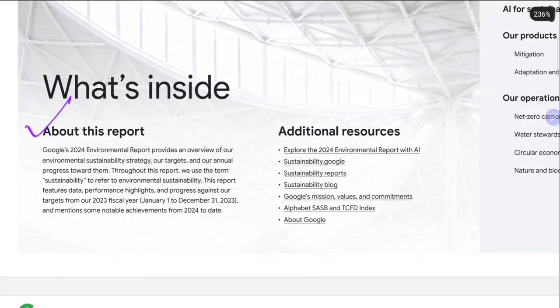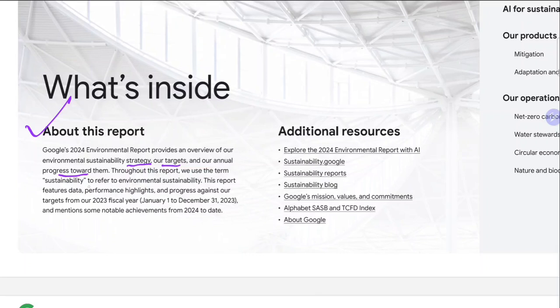This is a very important section, and it talks about the environmental report, which provides an overview of our environmental sustainability strategy. So definitely the company has an environmental sustainability strategy, their targets and annual progress towards the targets.